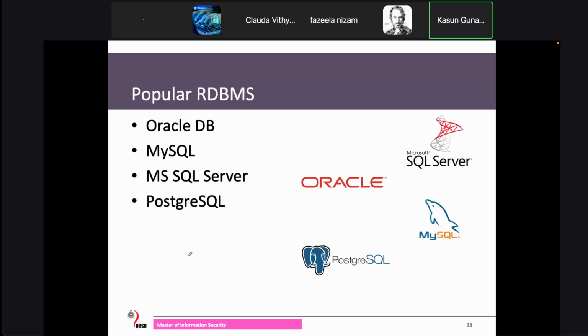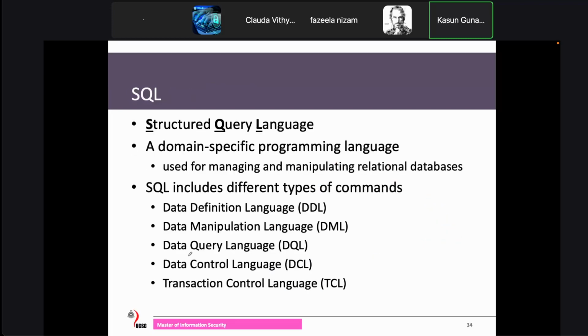So I hope you might have some idea about what SQL is. SQL is an abbreviation, a short term. It's about Structured Query Language. So that is why we call it SQL. It's a domain-specific programming language.